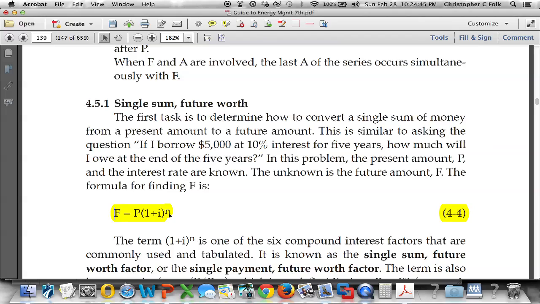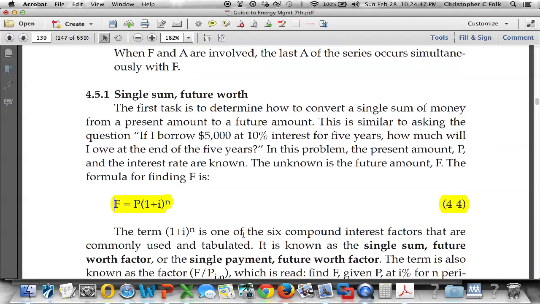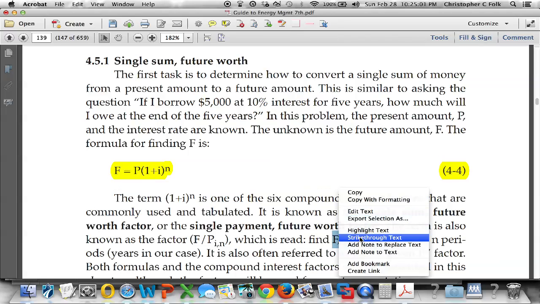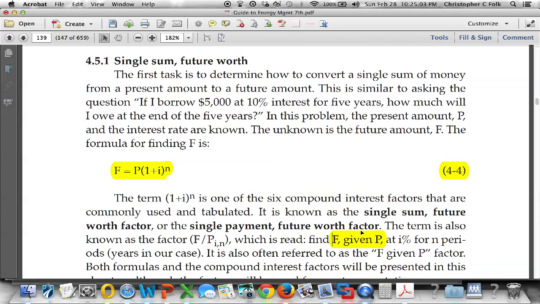This is known as a single sum future worth factor or a single payment factor, and the term is also known as F/P, but mostly it's known as find F given P. There are some tables here that we're going to look at and get really familiar with in just a moment.